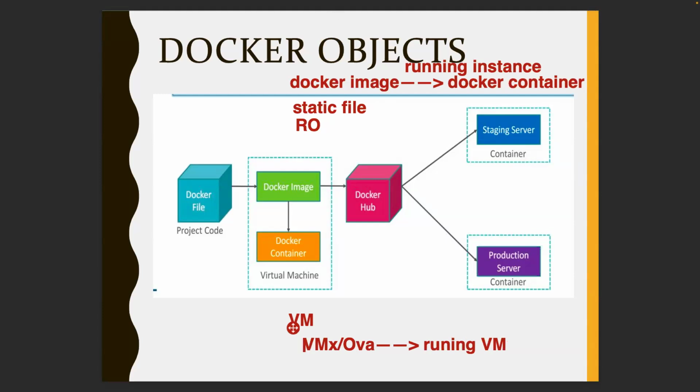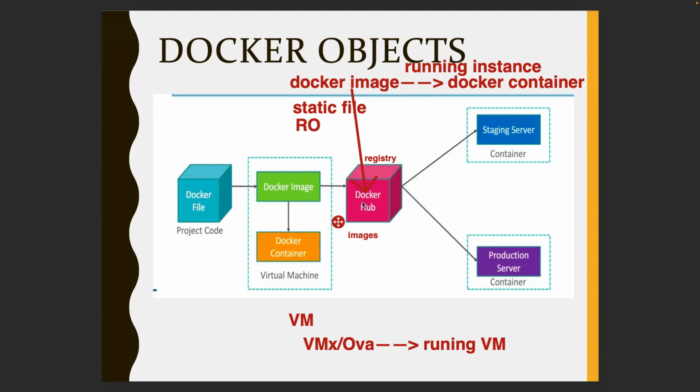And there are so many images already available, existing images. Many standard services are available in the form of images. All of those are available in something called Docker Hub. Docker Hub is a registry. A registry is a storage service for images, a storage place where all the images are stored.